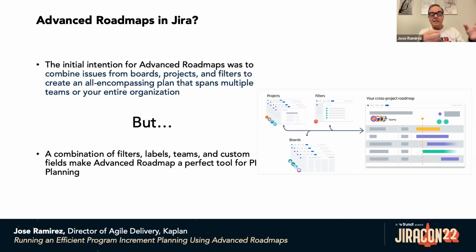And the issue source, the source of the Advanced Roadmaps, can be determined based on a list of projects, or a list of filters, or a list of boards, or a combination of those.